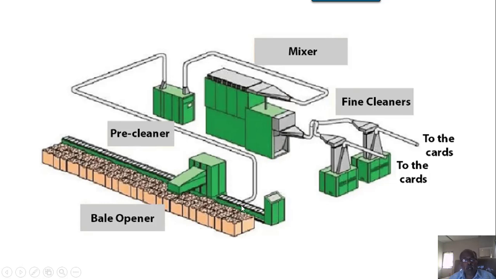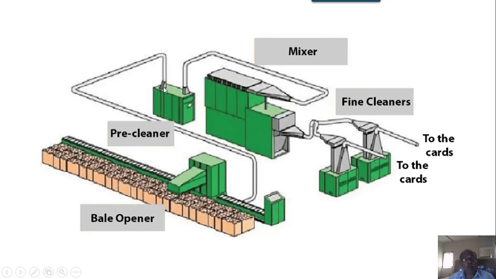So overall, in a nutshell, the bale opener will traverse, say, the Blendomat, etc., and while traversing, it will pluck the cotton, which will be lifted up, go through the duct, and then be sucked to the next machine, that is the pre-opener.